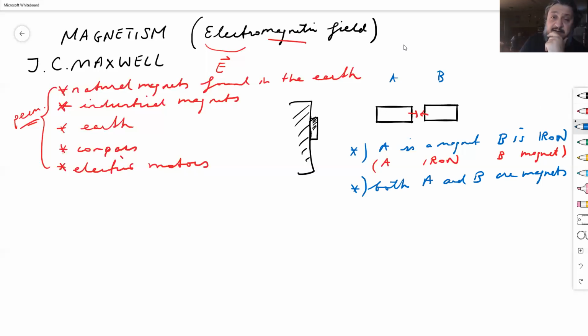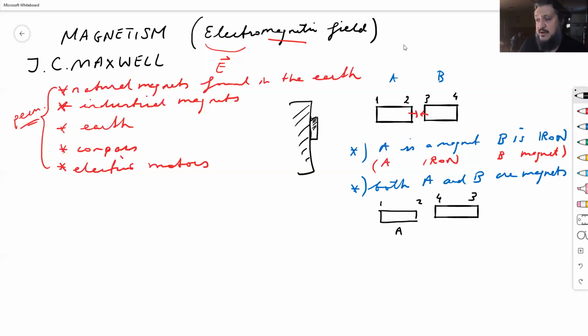But that's easy to find out, okay? So if both are magnets and they're attracting each other, try flipping one of them. Let's call these sides 1, 2, 3, and 4. So keep the one on the left the same way. That is A, right? But rotate the second one 180 degrees. So 4 is on this side and 3 is to the right.